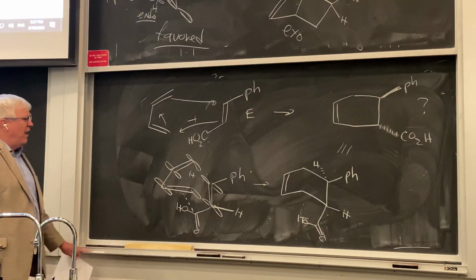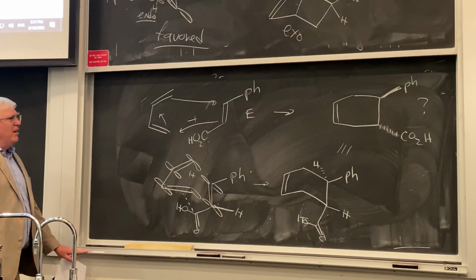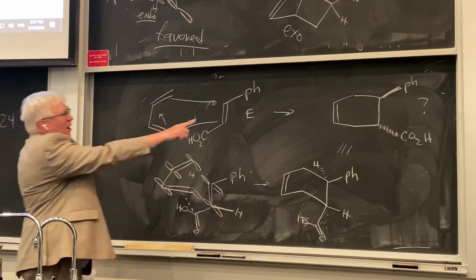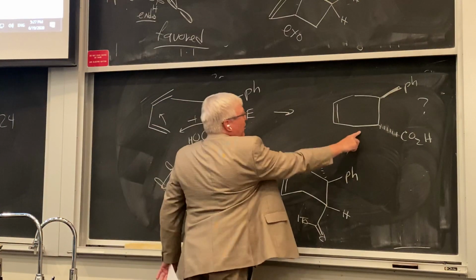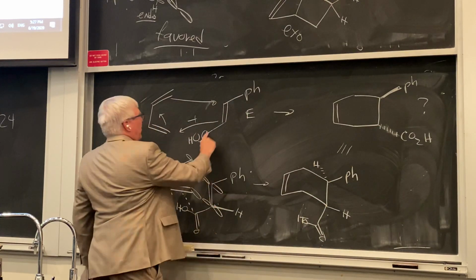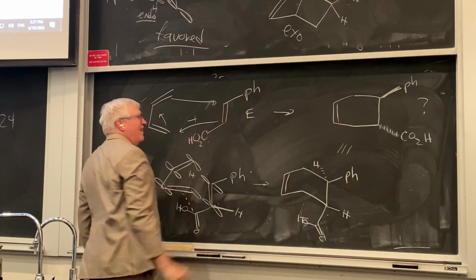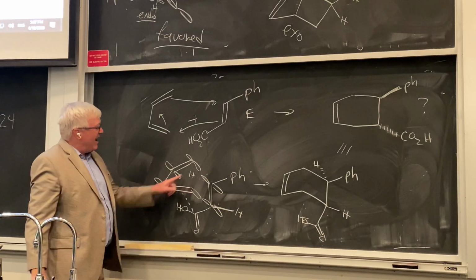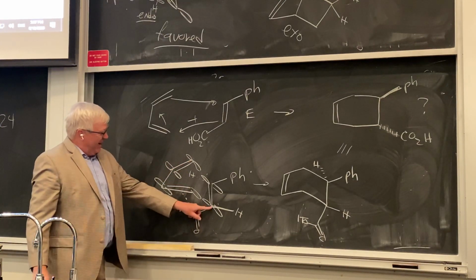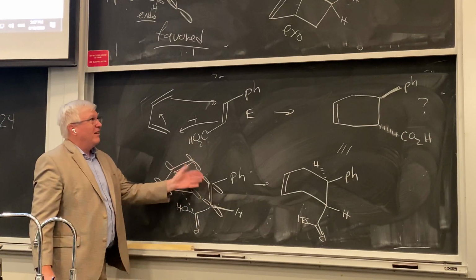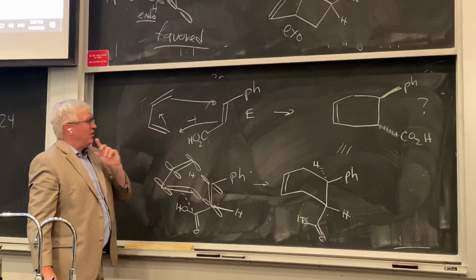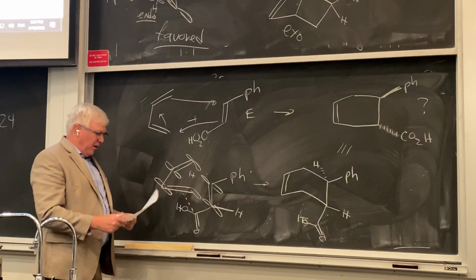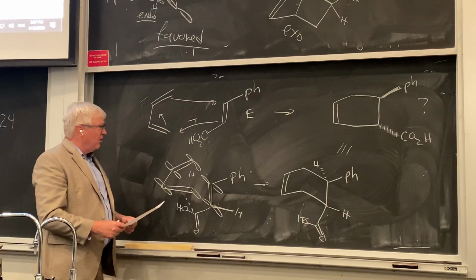So that's the endo rule applied to that one. Now, you could solve this problem here without invoking the endo rule and the transition state and just recognize these are trans to each other, and that would be fine. It's really when you have something on the diene here, and then something on the dienophile, like with the one we just did before. But that's a good example to go through and invoke the transition state.